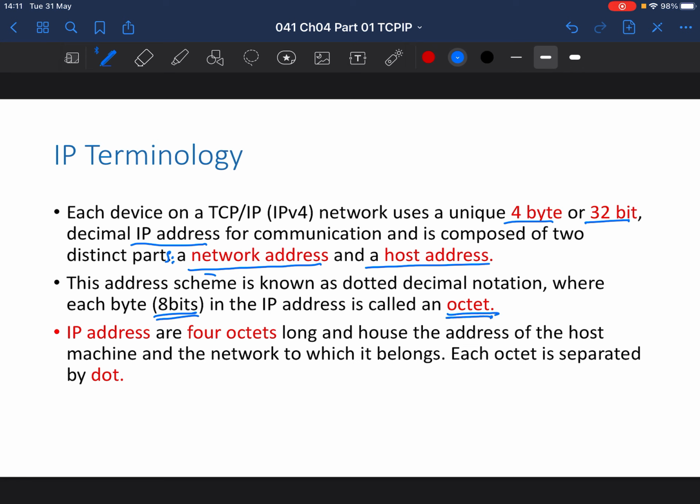IP addresses are 4 octets long and hold the address of the host machine and the network to which it belongs. Each octet, or each byte, or each 8 bits, is separated by a dot.